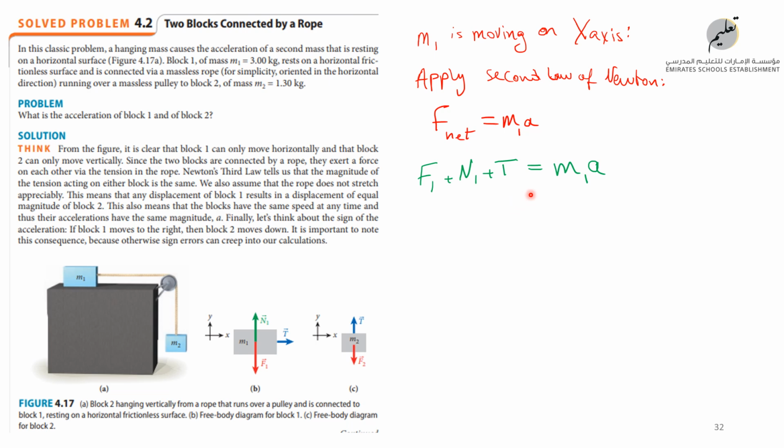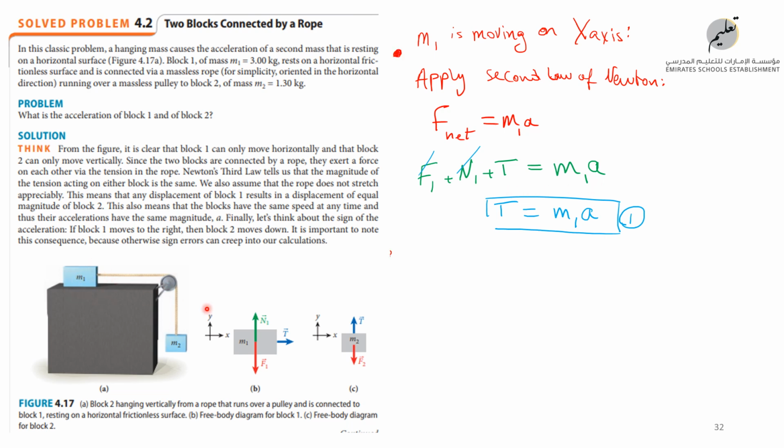I'm interested in the tension force, so tension equals m1a. Why? Because the normal force and the force of gravity cancel each other. So the rope tension is equal to m1a. That's for the first mass.